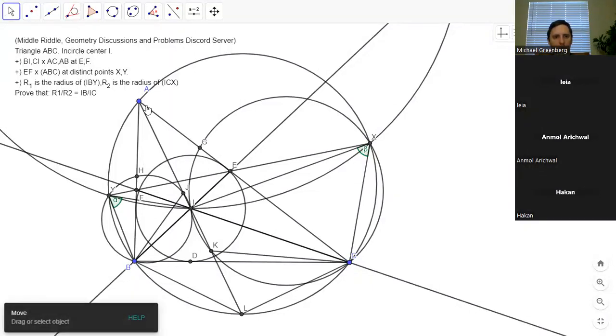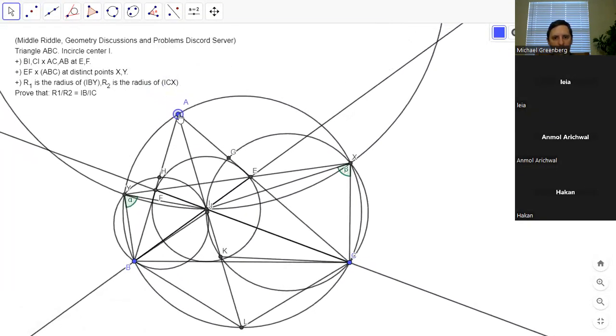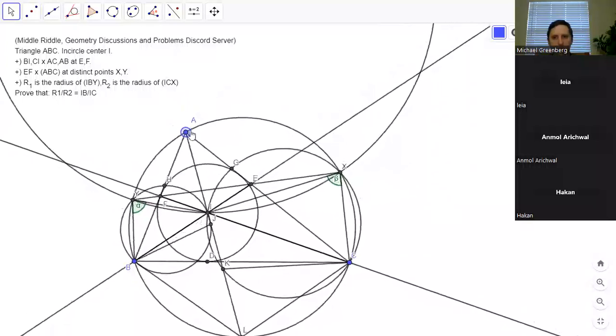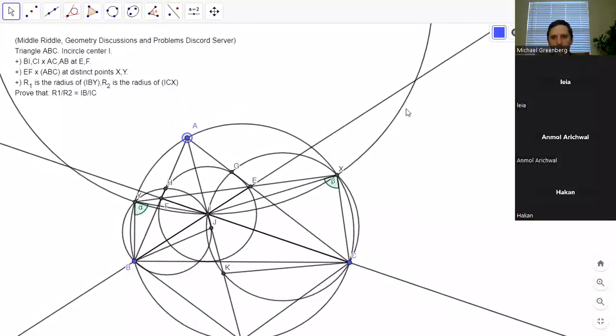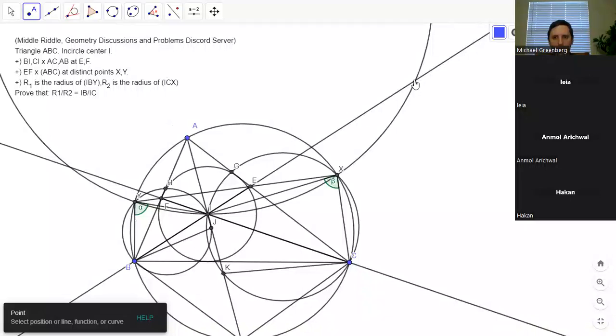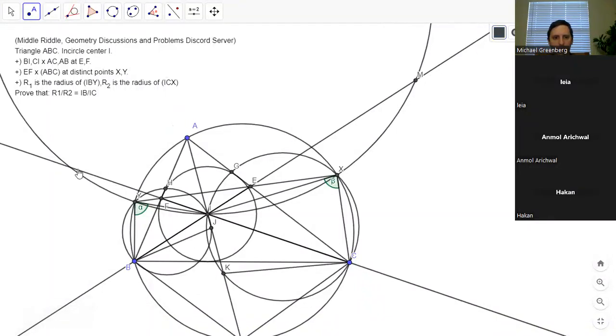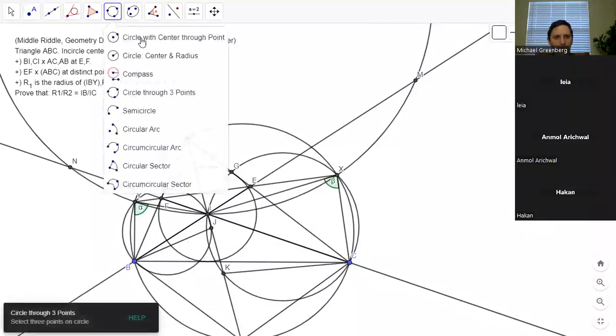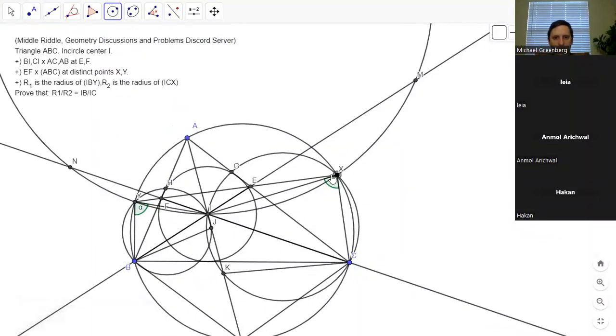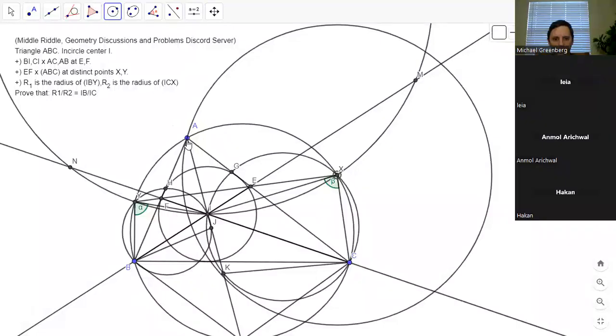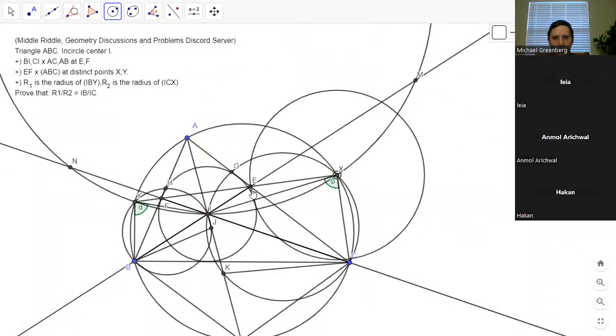So I'm going to want to, let's see. Okay. So you're saying that this point is the BX center and this point is the CX center. Let's think about that. Oh, sorry, I don't want point X, I want this point.